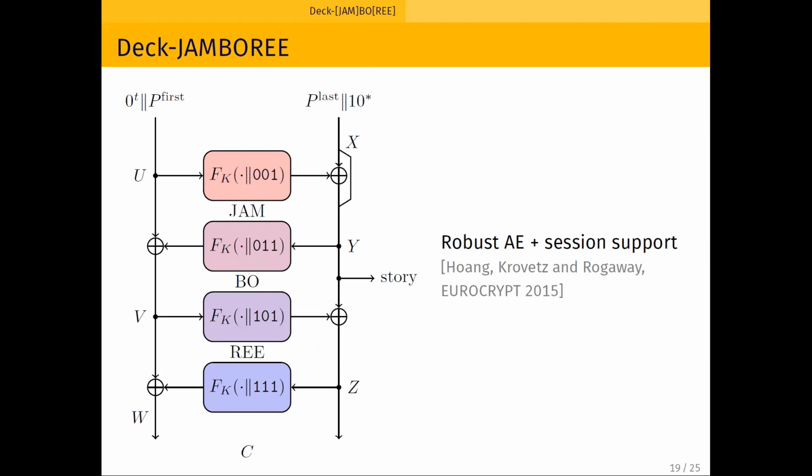But you don't get a collision because P first goes into this first round and modifies Y. So if you change P first, then you get a different Y. And if you change P last, of course, you also get a different Y. And combining the two, you cannot do because you don't know the secret. The adversary doesn't know the secret key, so doesn't know what is XORed into X. So that's the intuition. Yeah, okay, thanks. Makes sense.